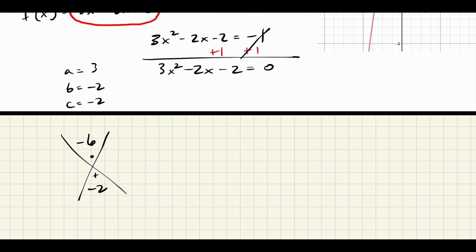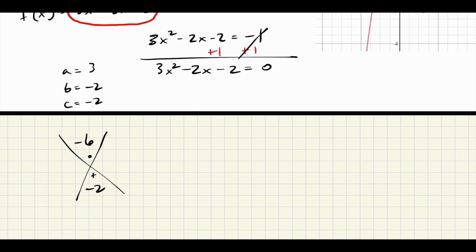So A times C is -3. The two numbers that multiply to be -3 and add to be -2: 3 and 1, -3.